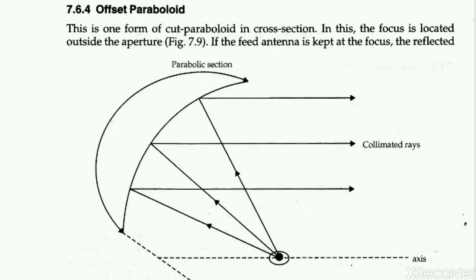It will reflect these waves and transmit them into space as collimated rays. So we can see clearly that by providing this focal point outside the aperture of this reflector, there will be no blockage for collimated rays. We can see this clearly from this figure.